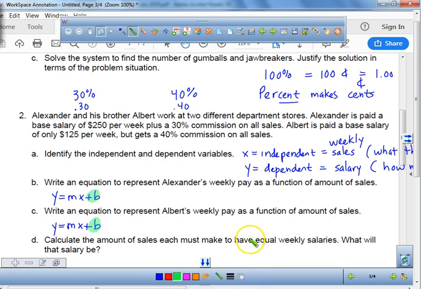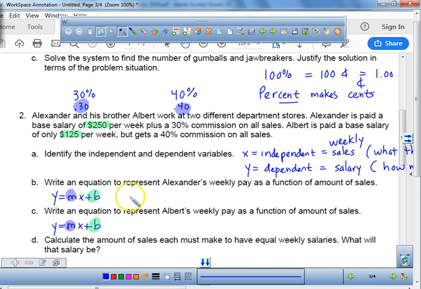That's the constant. So over here, Alexander's paid what? $250. What's Albert paid? $125. So what's the b value for this one? $250. The b value is $125. What's the m value? What's the rate? The rate is the 30 and the 40.